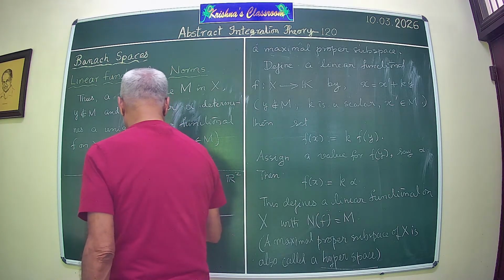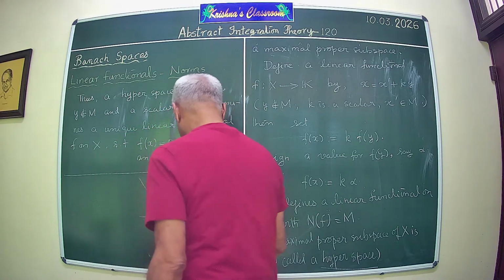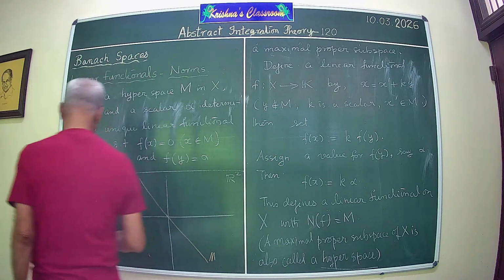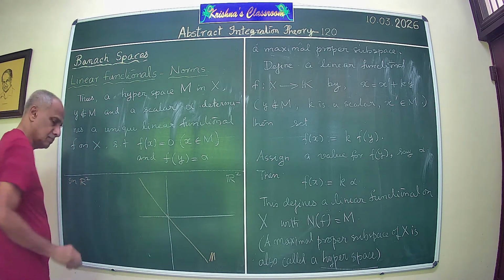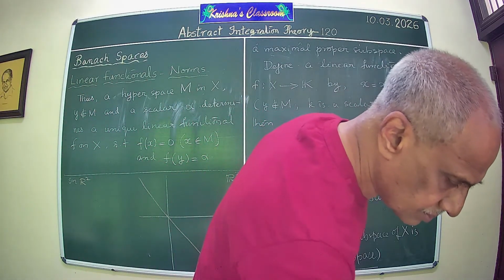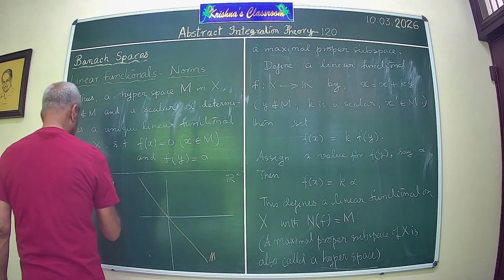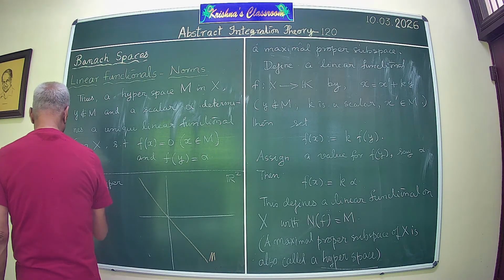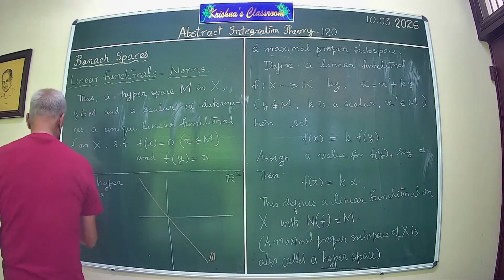Maximal proper subspaces of R2 are lines passing through the origin. So in R2, maximal subspaces or hyperspaces are lines.